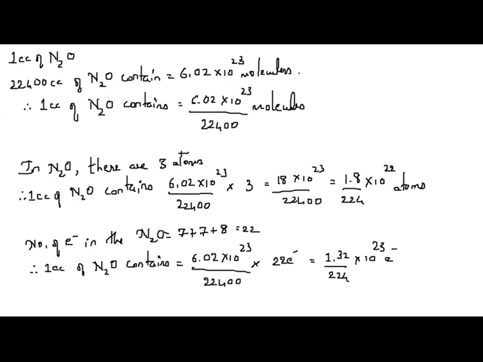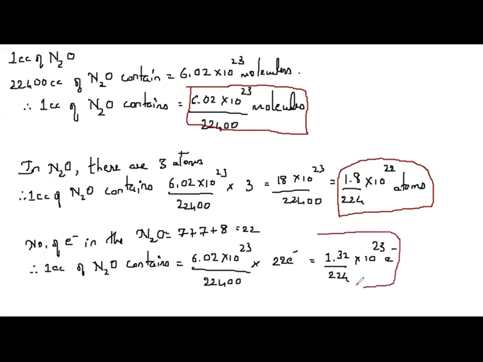You have the option in terms of molecules, which is also correct. Atoms, which is also correct. You have this in terms of electrons, which is also correct. Are you all understanding?